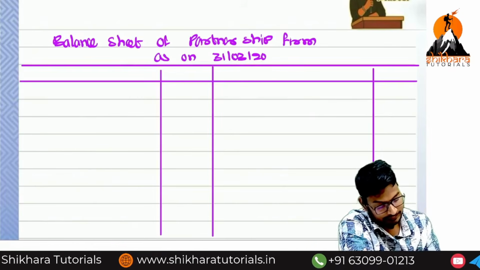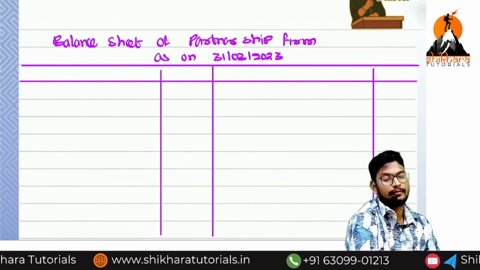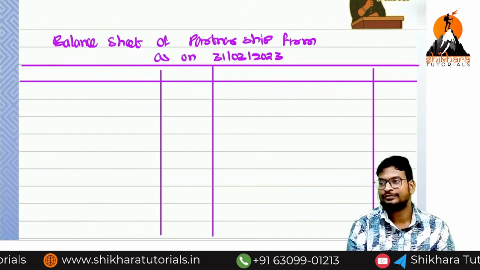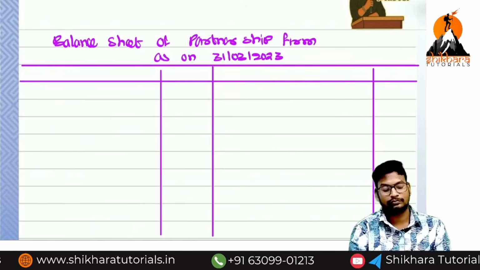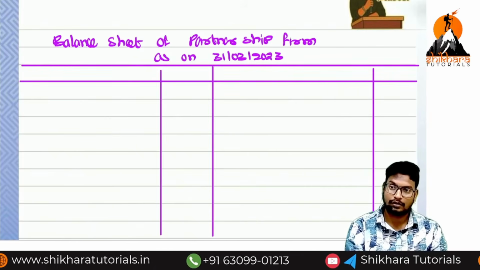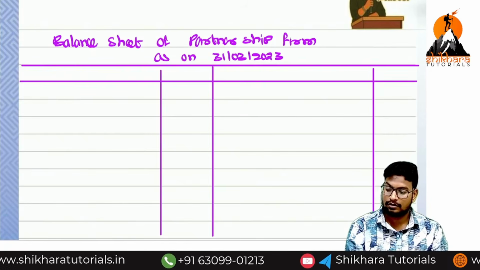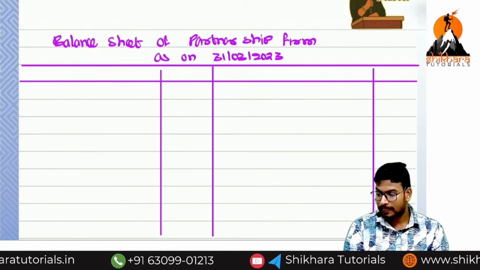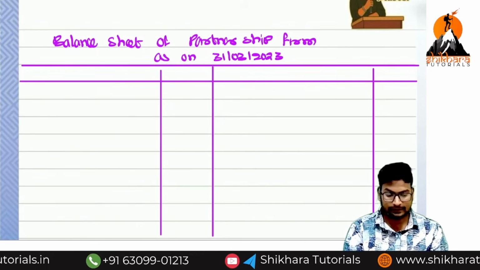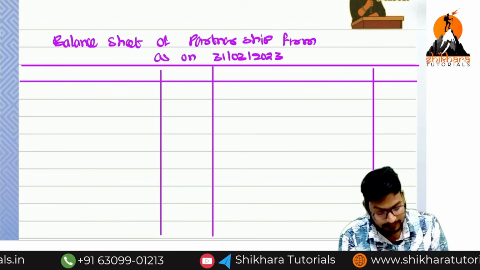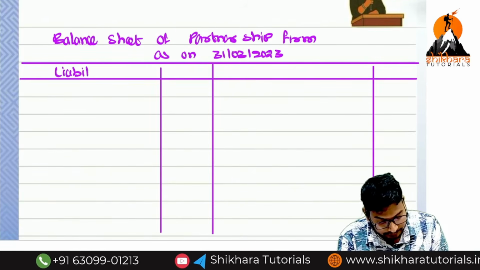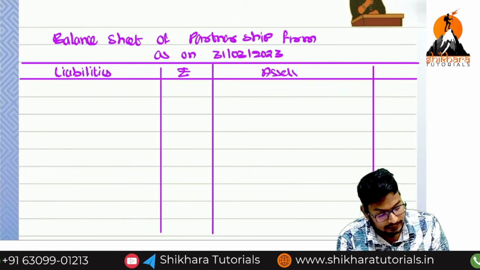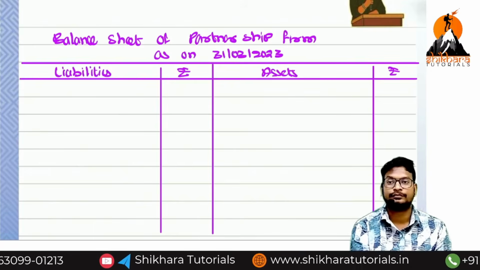Okay, this is how it will be. Finally, 2023. Liabilities, amount rupees; assets, amount rupees.